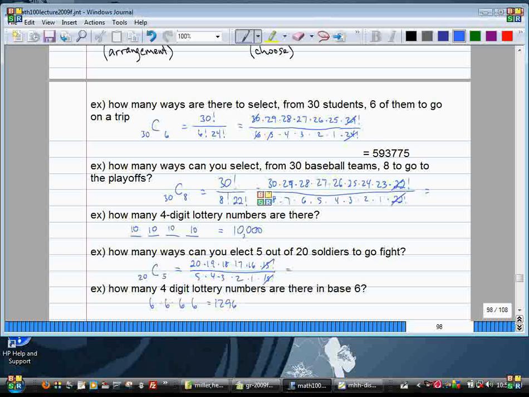The easier way to do it is just to recognize that you're choosing things and order does not matter, so it's 20C5. So in this case, diagnosing the problem is the first step, and it's the most important step. Because once you do that, the problem is half done.